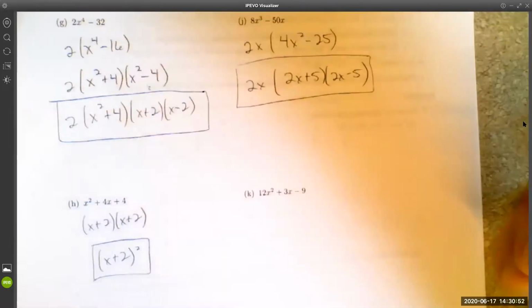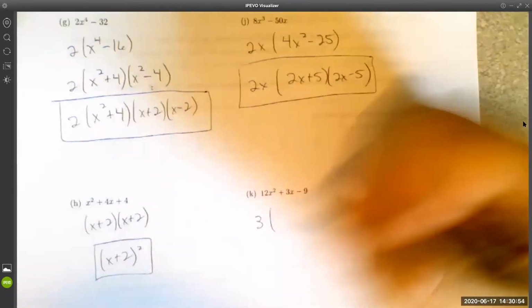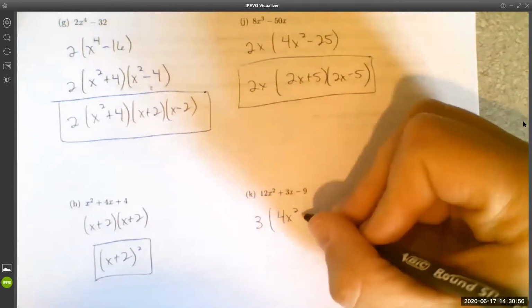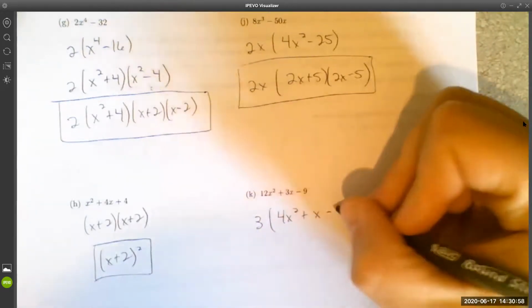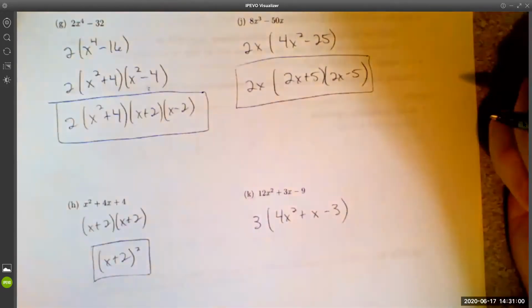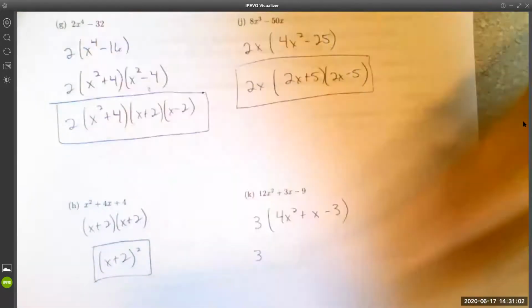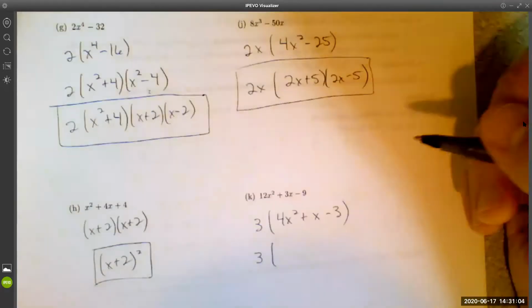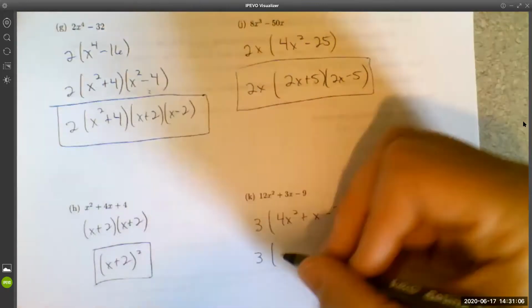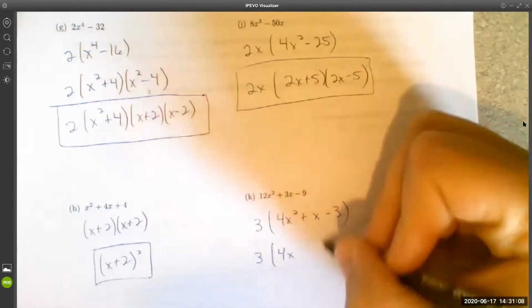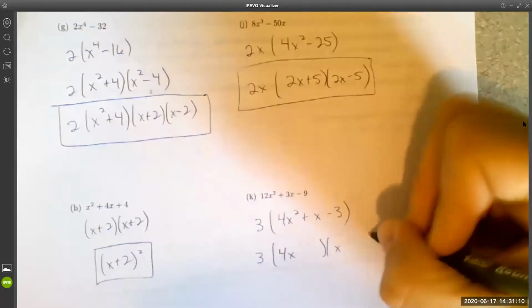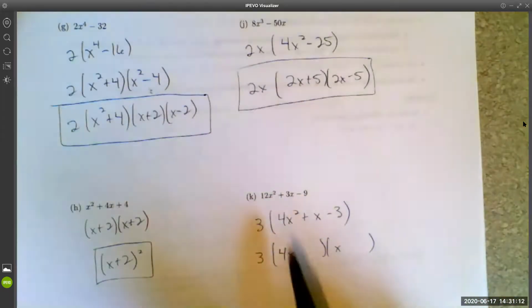you can factor out a 3. And then I can try to factor that. I'm going to try 4x and x. It could be 2x and 2x.